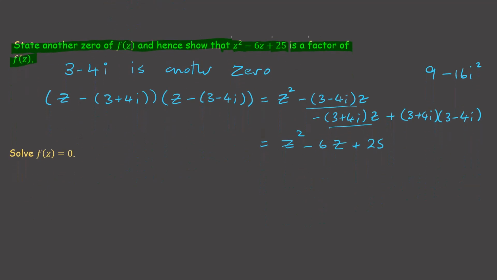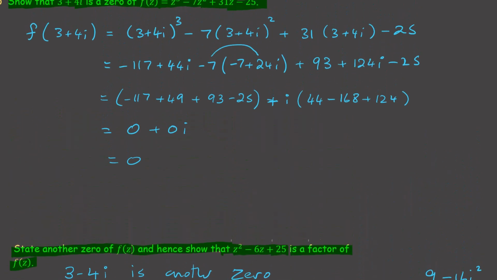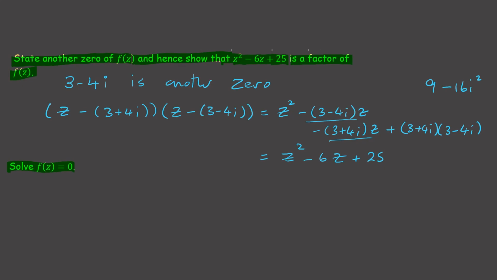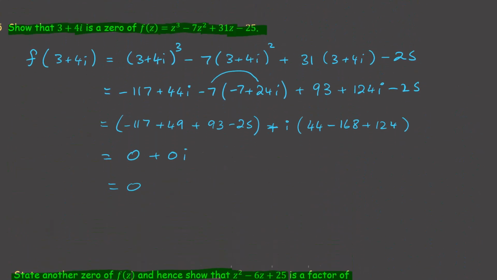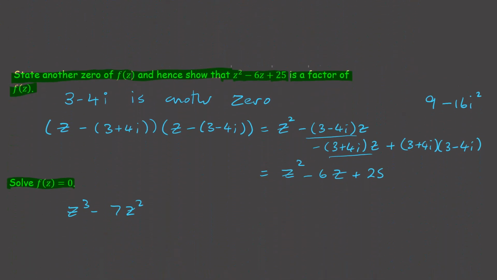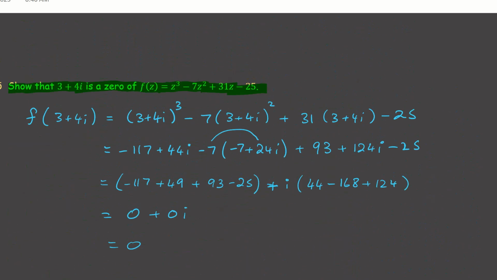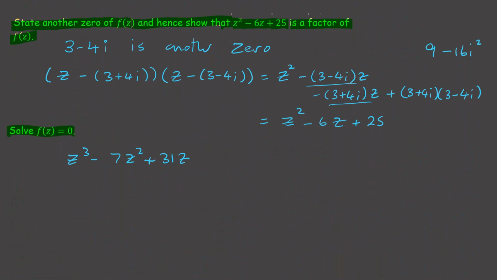And hence we want to solve f of z is equal to 0. So what we have is the original z cubed minus 7z squared plus 31z and take away 25.